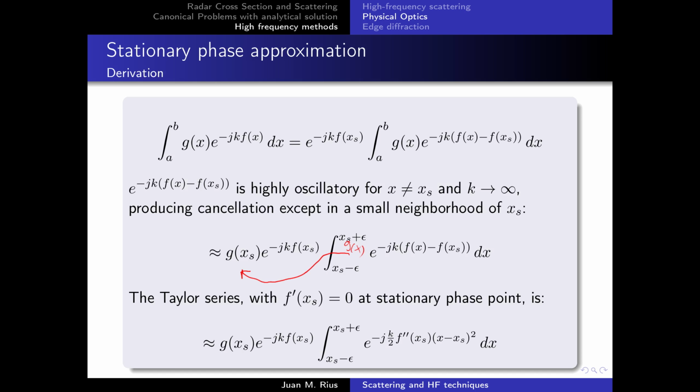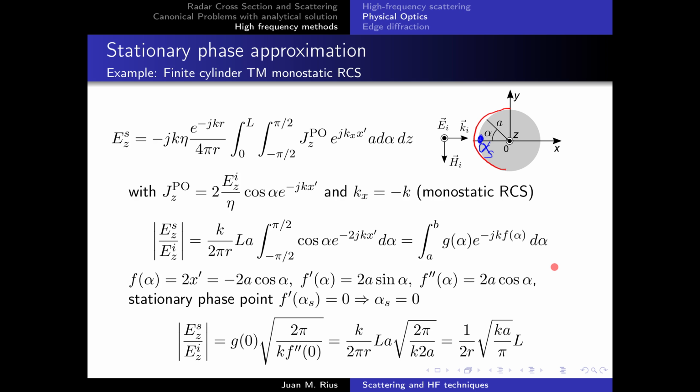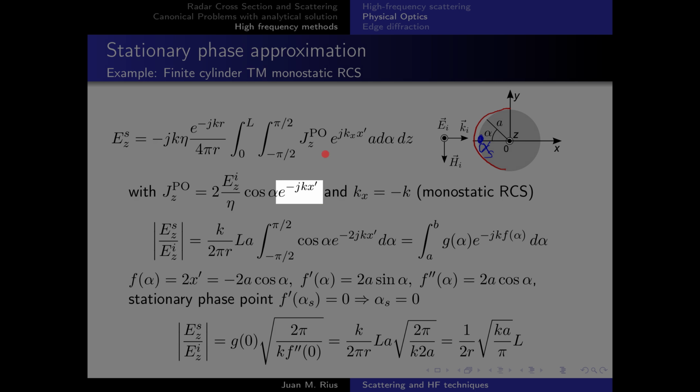We can see this also in the example here. In the example here, the physical optics current has some phase, and the radiation integral also has some phase. The first is due to the path.